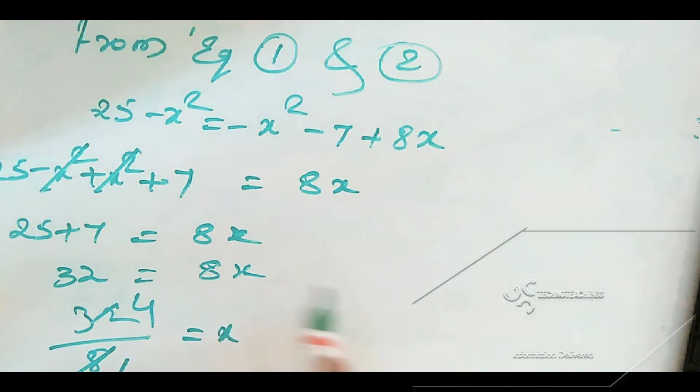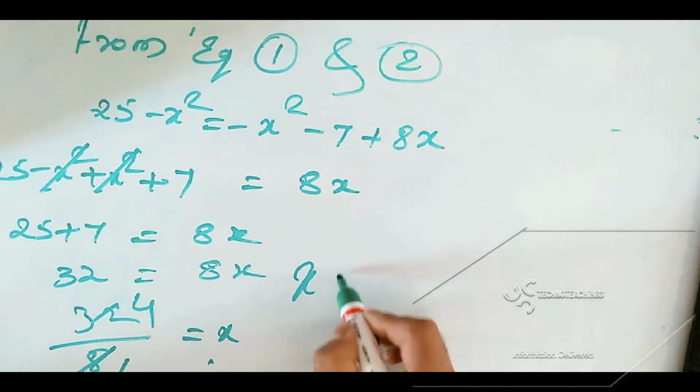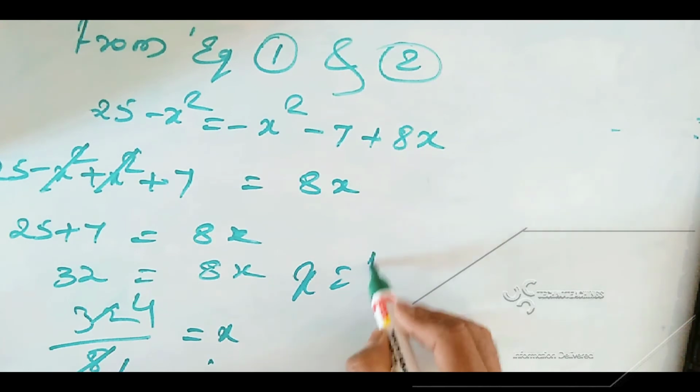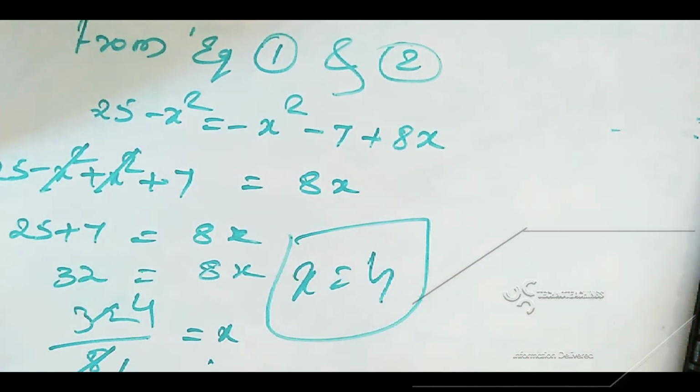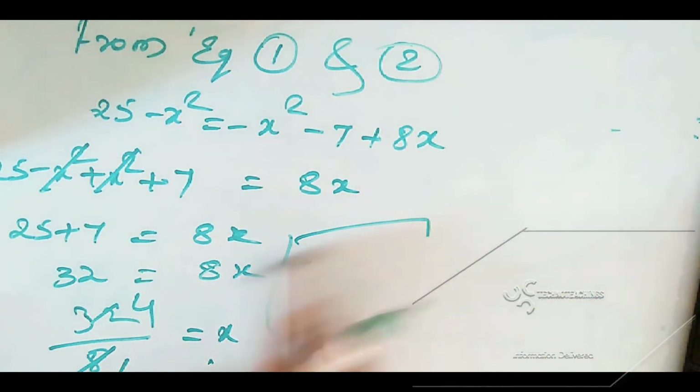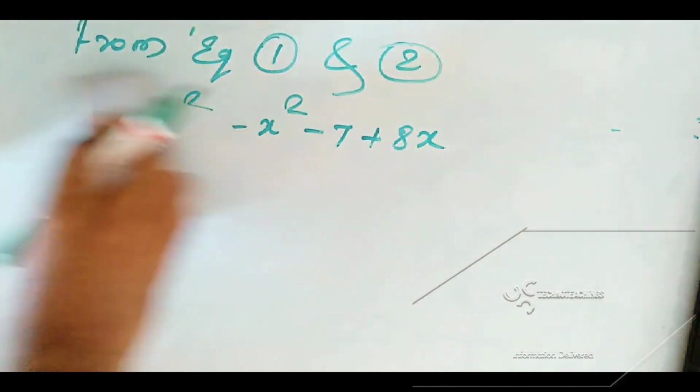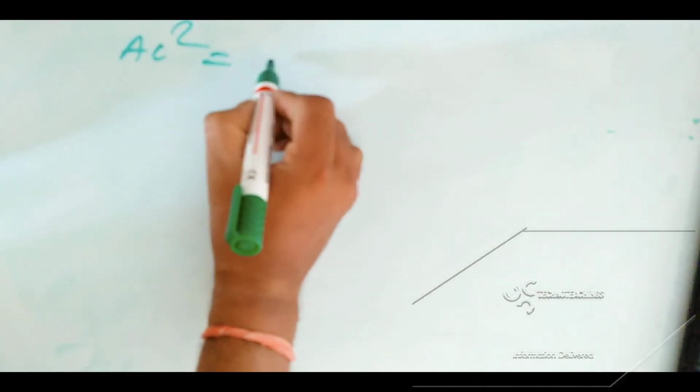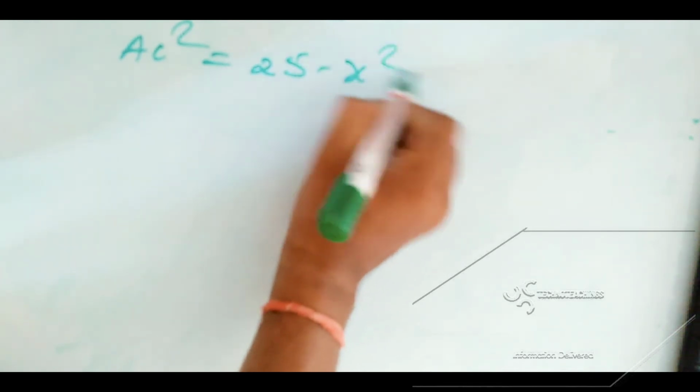Therefore x equals 4. Now I got the value of x. As we have seen earlier, AC square is equal to 25 minus x square.